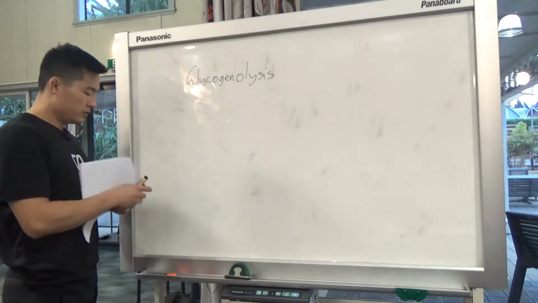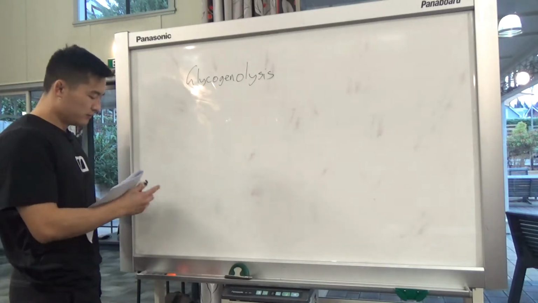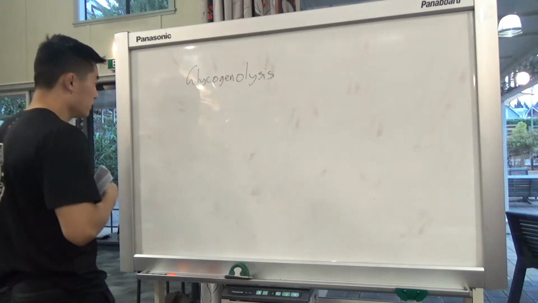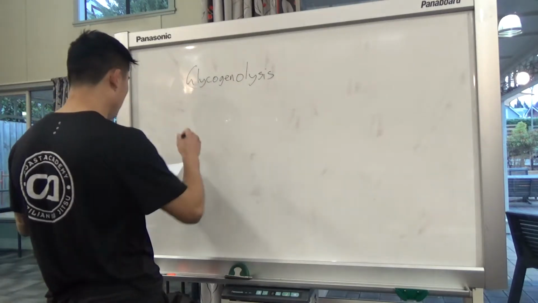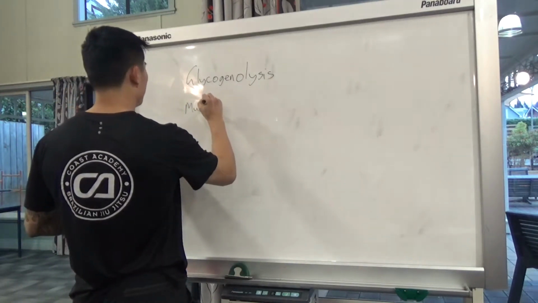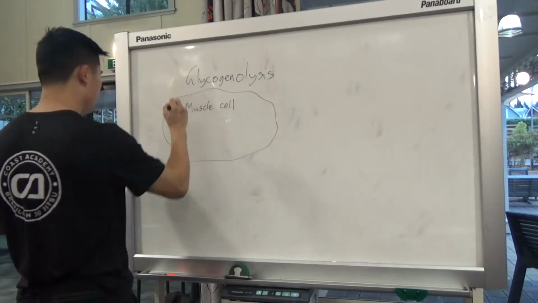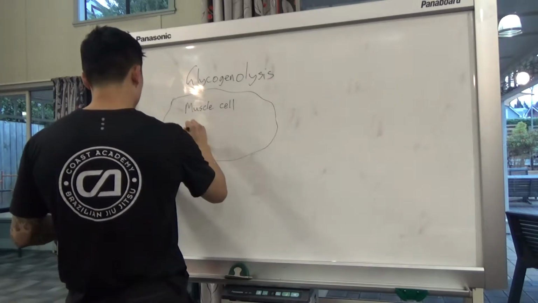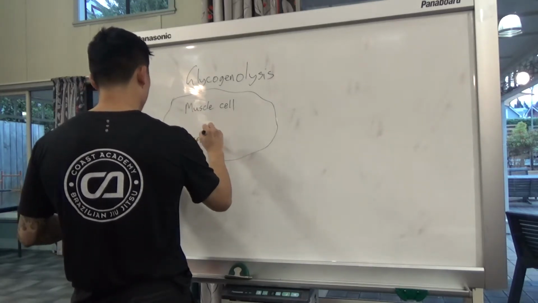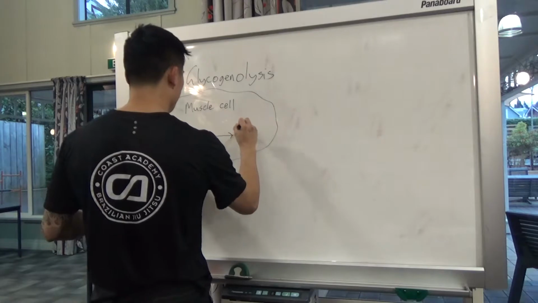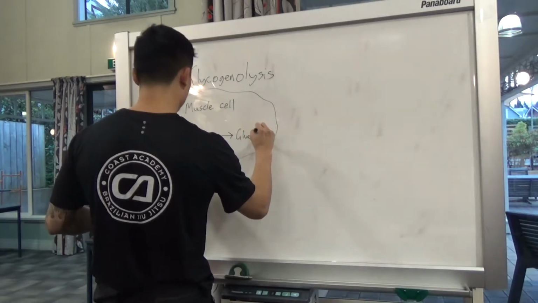So we've got our muscle cell. Now, glycogen will be turned into glucose.